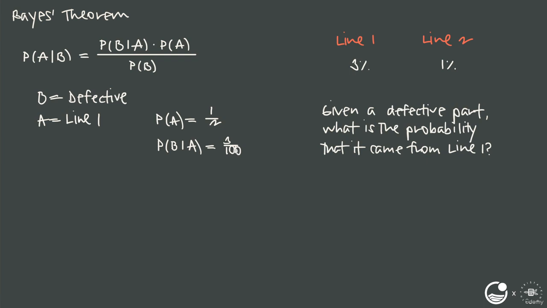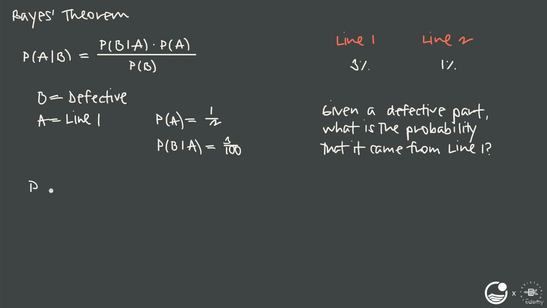The toughest probability to figure out is the probability of event B, the probability that the part is defective, because we have to consider both line 1 and line 2. Let's first think about the probability that the part comes from line 1 and is also defective. Well, remember our multiplication rule.